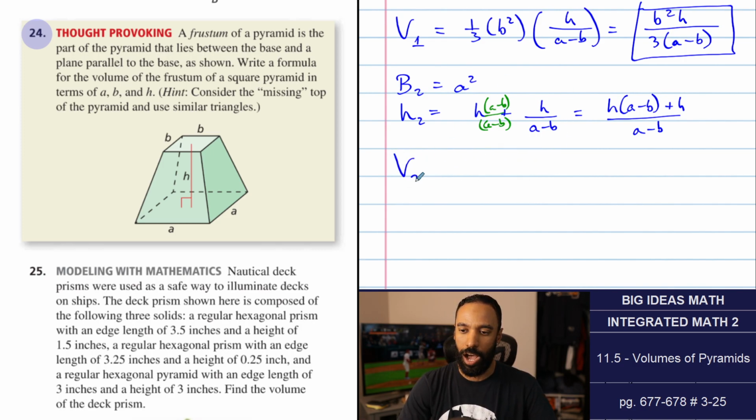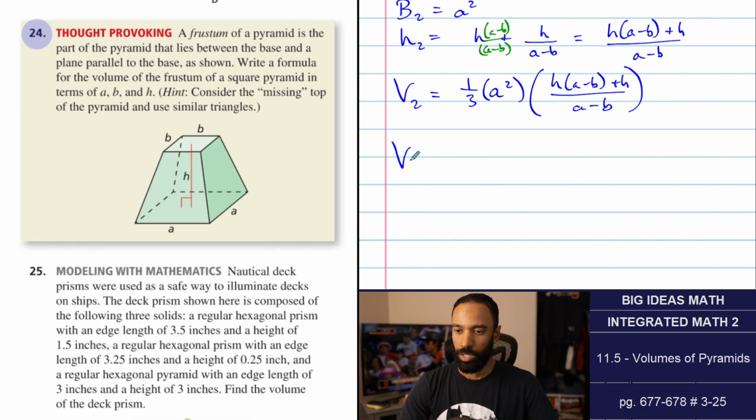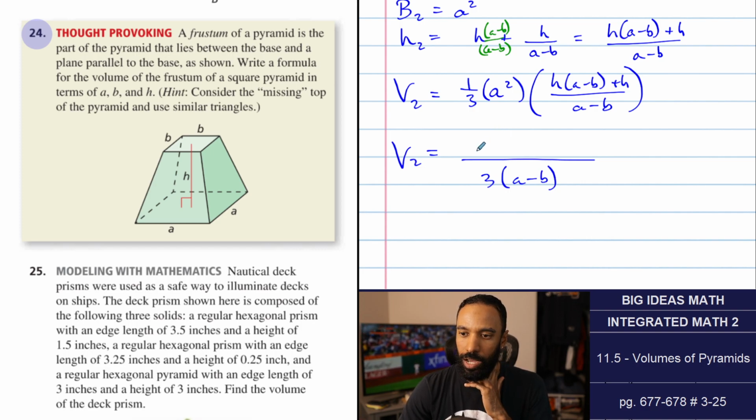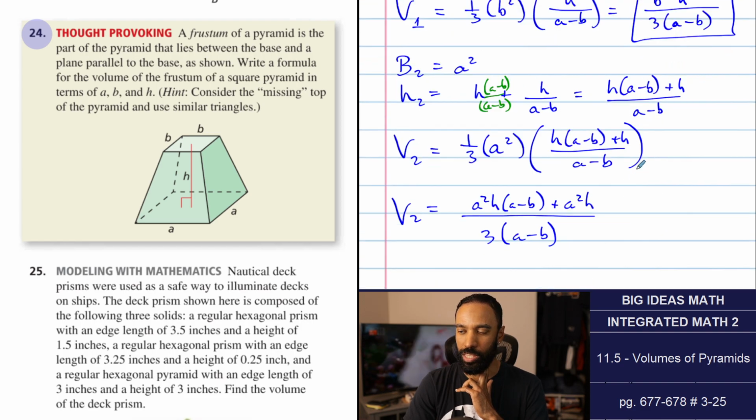The volume of object 2 is going to be 1/3 area of base times height, so on the bottom I have 3 times a minus b, and on the top a squared, which could distribute into that. I'll get a squared h times a minus b plus a squared h. I don't really know where I want to go with that, but I'm going to take this one and subtract this one here.